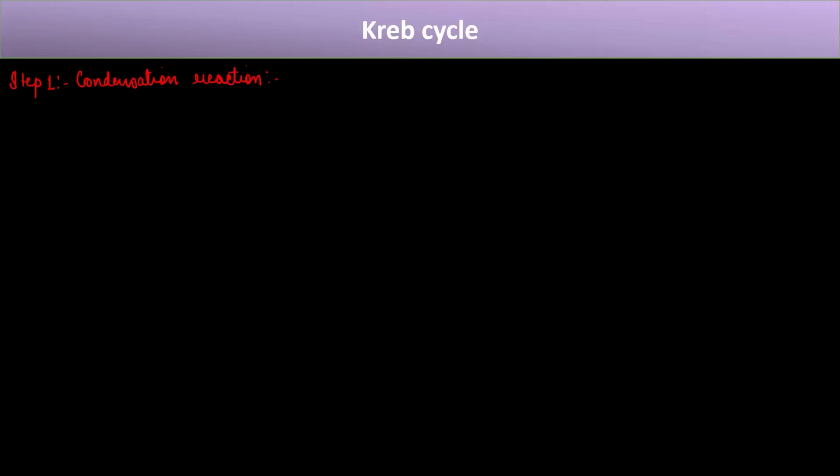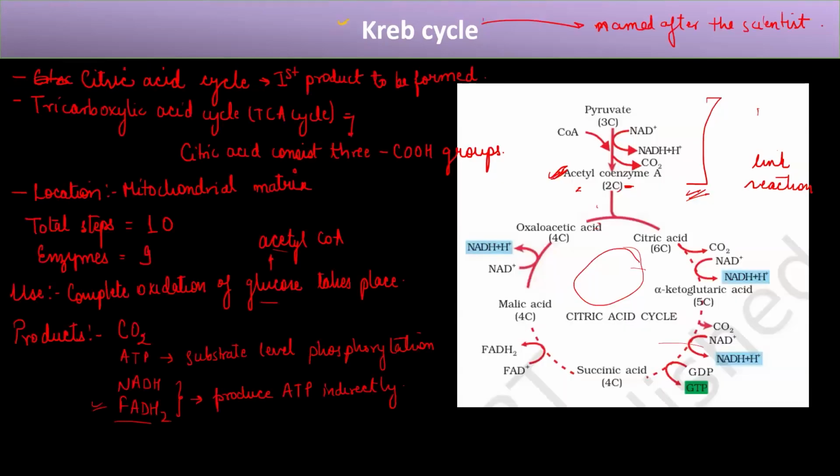So what is happening here? If you see the cycle, here we have acetyl-CoA coming. Here we are seeing another molecule, oxaloacetic acid, present in the mitochondrial matrix. This oxaloacetic acid is of how many carbons? It is a 4 carbon molecule.